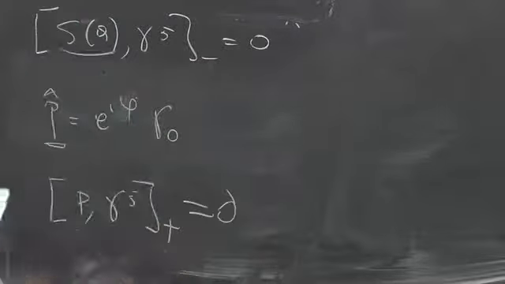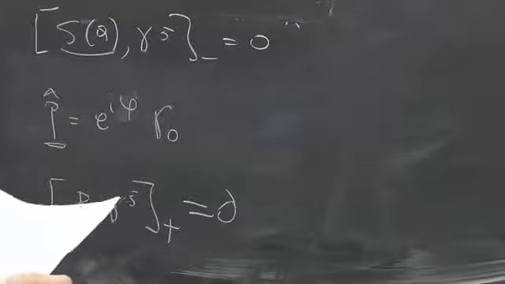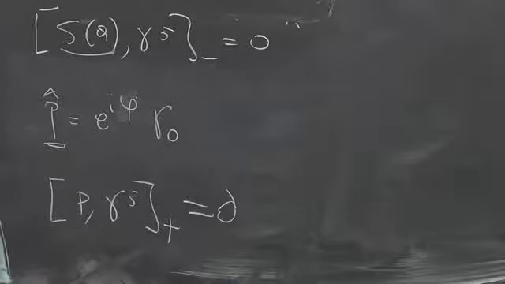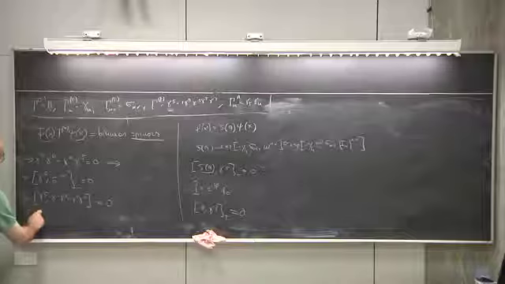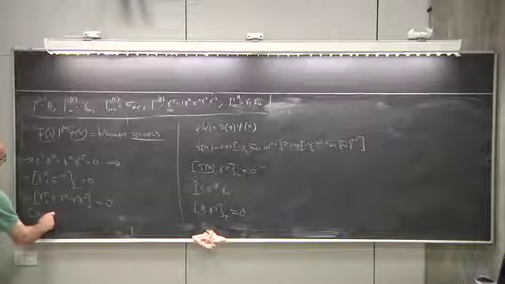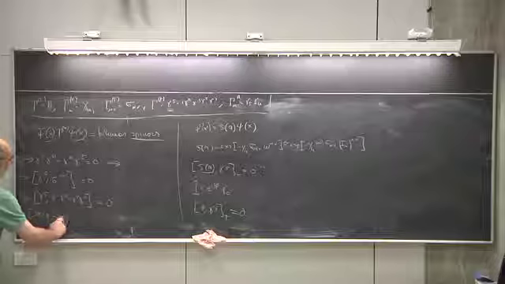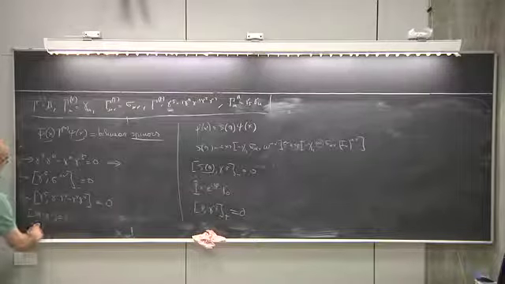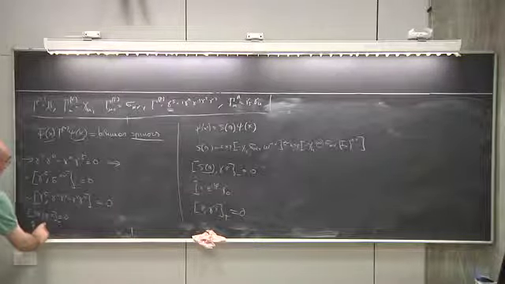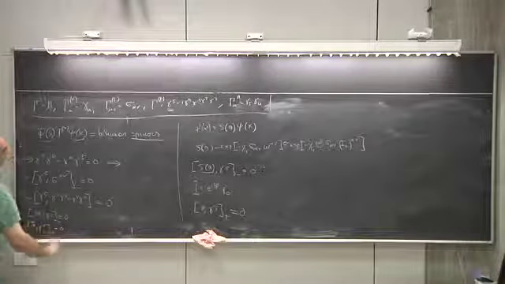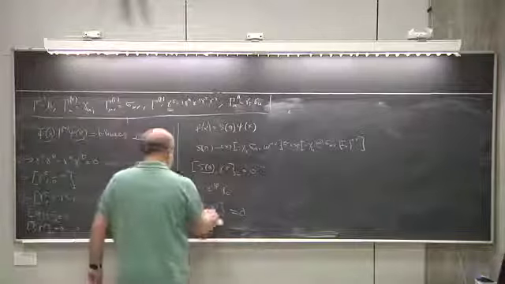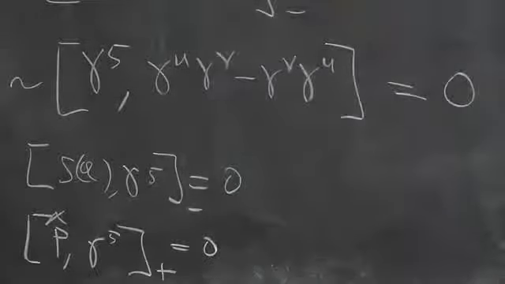Now we are equipped with all the things. So basically, let's write down here: S_A and gamma 5 commute, and P, the space reflection, and gamma 5 anti-commute.